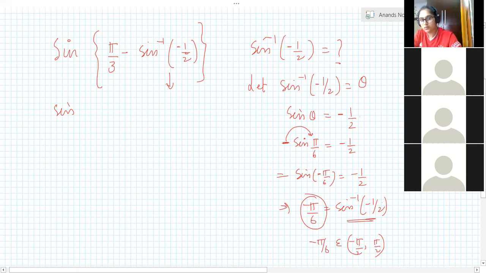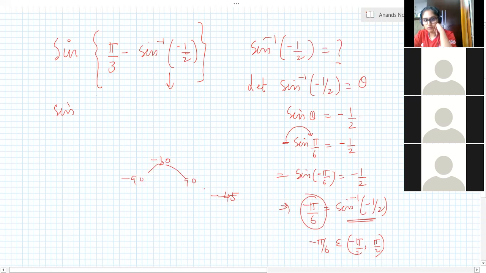How do you know, Shreya, that minus pi by 6 belongs to minus pi by 2 and pi by 2? Because the value of minus pi by 6 is minus 30 degrees and minus pi by 2 is minus 90. Very good. So it lies between minus 90 and plus 90, and pi by 6 is minus 30. So it's in between. It's okay.